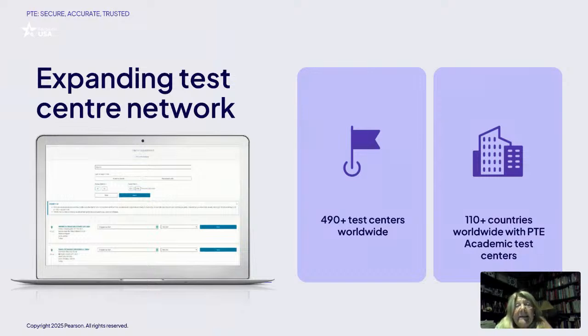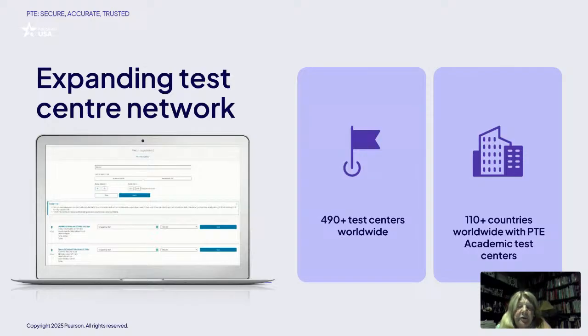So, expanding the testing network, we now have 490 test centers worldwide, and 110 countries that recognize the test and have test centers within their country. So hopefully there is a test center very close to you.